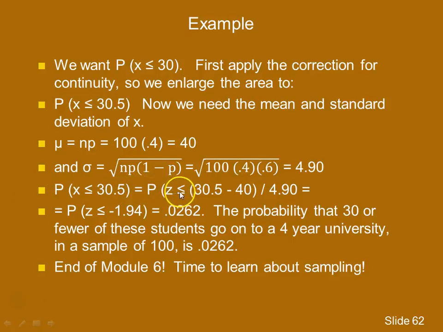That has to be equivalent to z less than or equal to 30.5 minus 40 over 4.9. And that gives you z less than negative 1.94. Go to your z table, and you will find a probability of 0.0262. So the probability that 30 or fewer of these students go on to a four-year university in a sample of 100 is 0.0262.